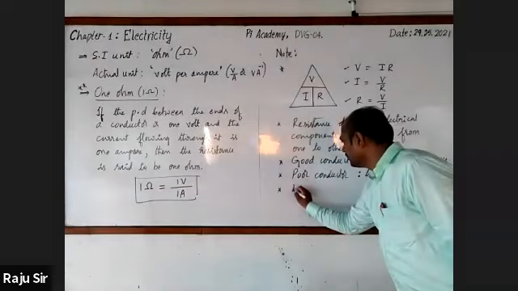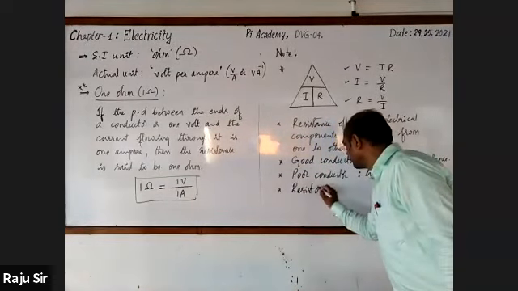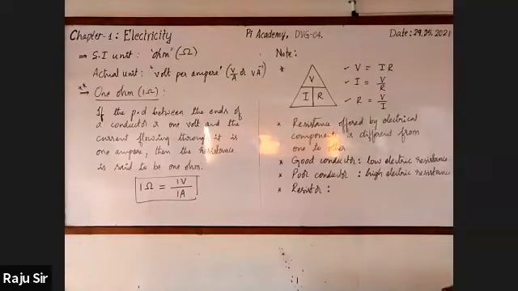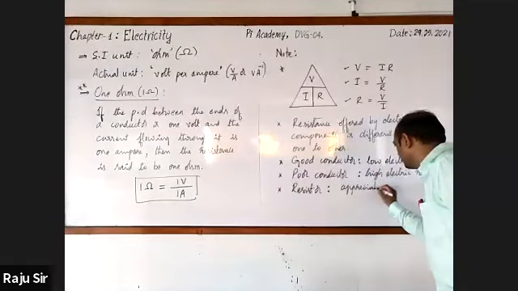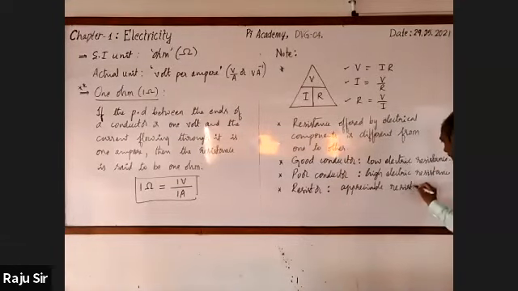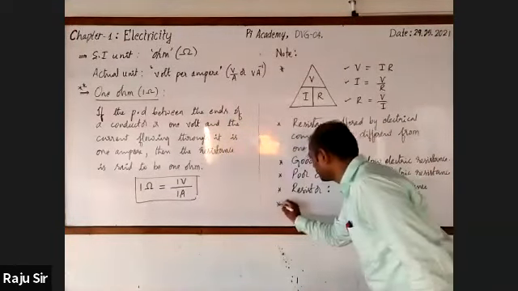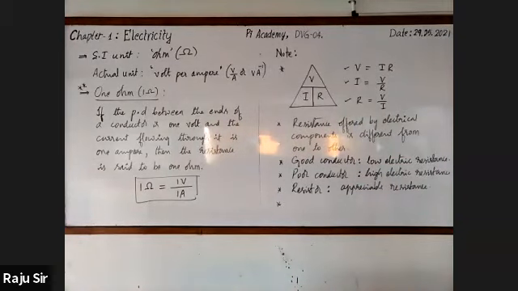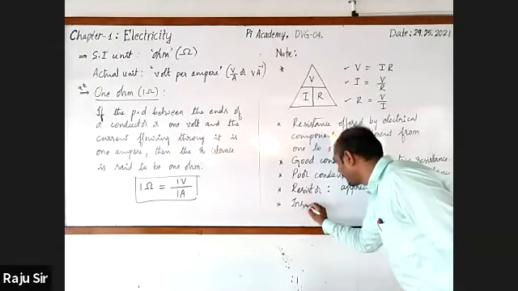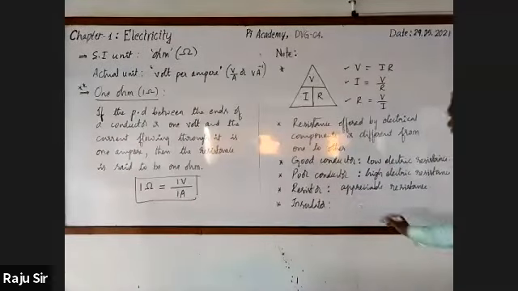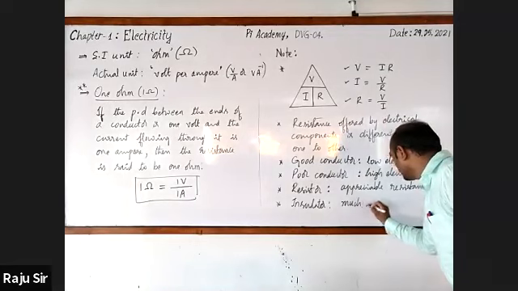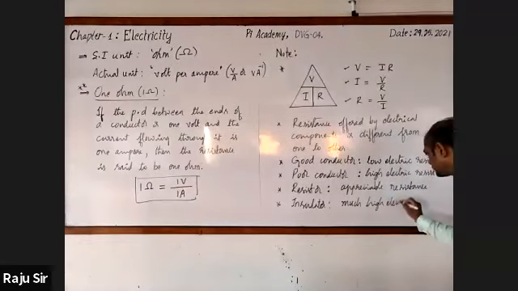Then resistor, which offers an appreciable amount of electric resistance. Then insulator, which offers much higher electric resistance.